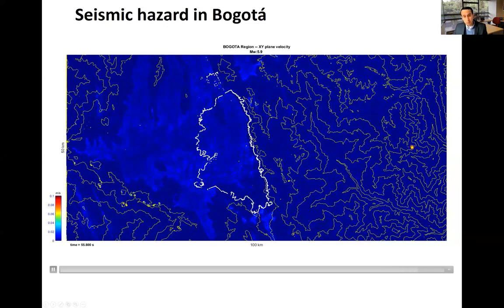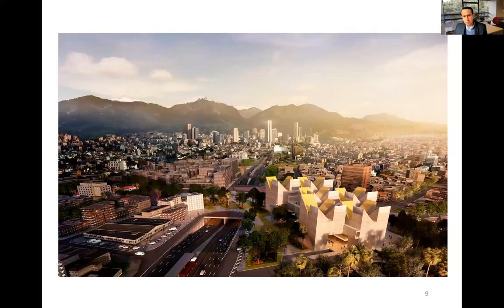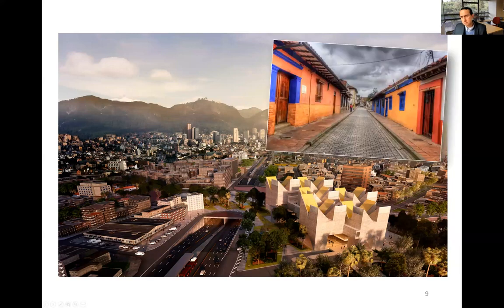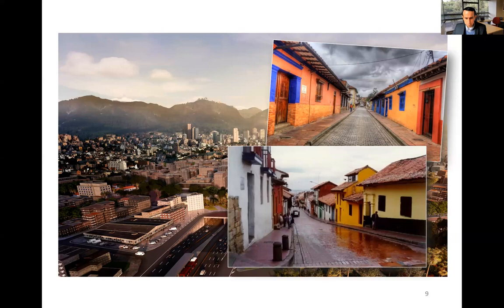So this is a view of the city, and in the part near the mountains we have this town, which is mainly built with earth, adobe and rammed earth. So here you see how it looks.